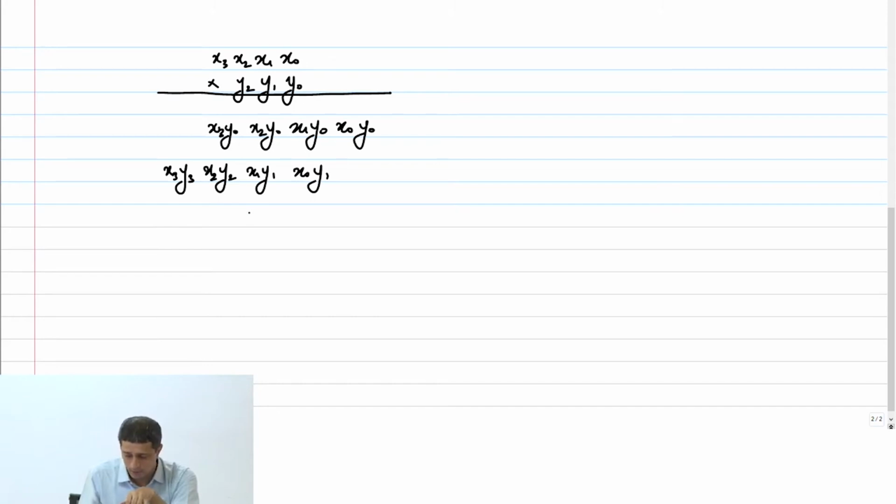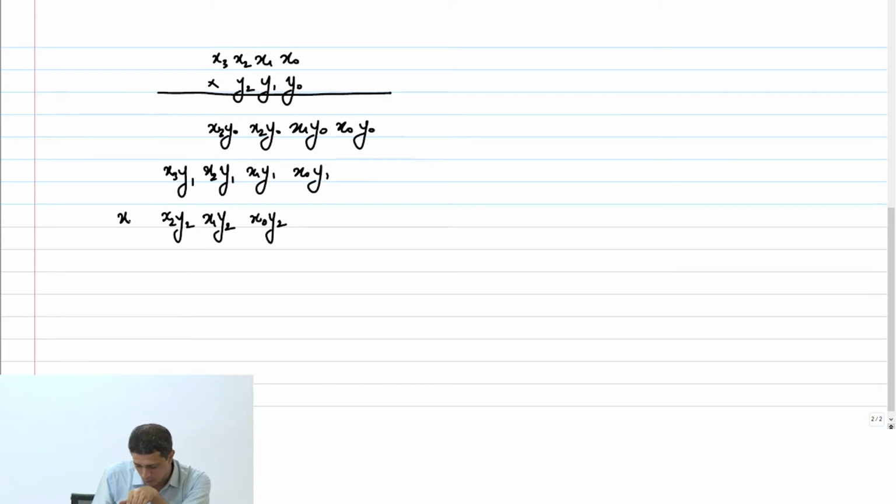The last row is x0 y2, x1 y2, x2 y2, x3 y2.